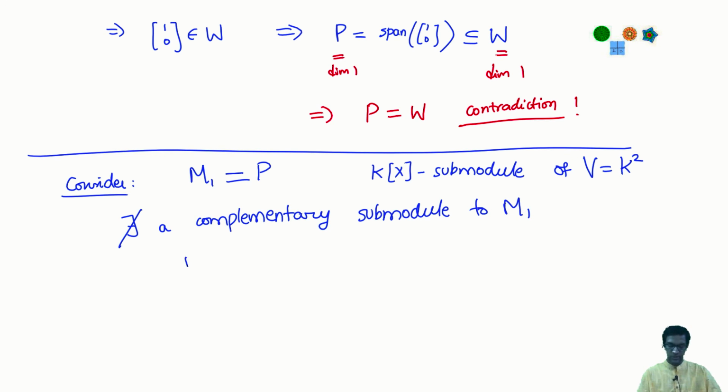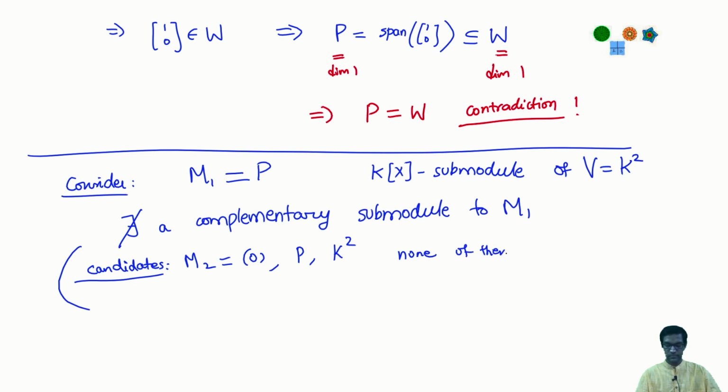Why? Because there are only three candidates, 0, P and the whole space, none of them satisfy the requirement to be M1 direct sum M2.